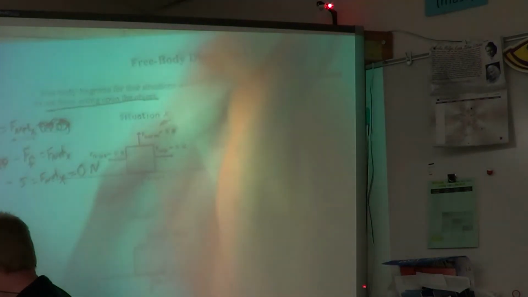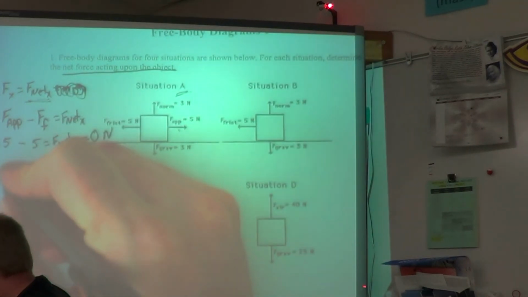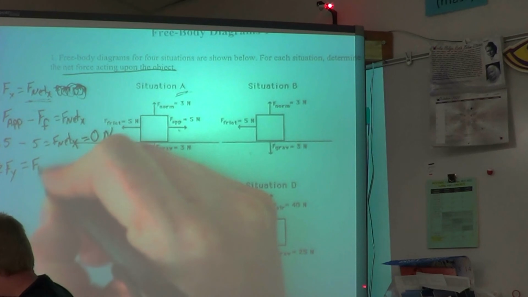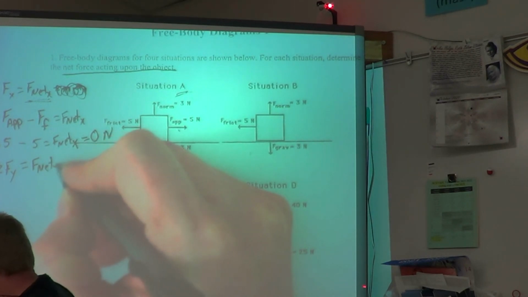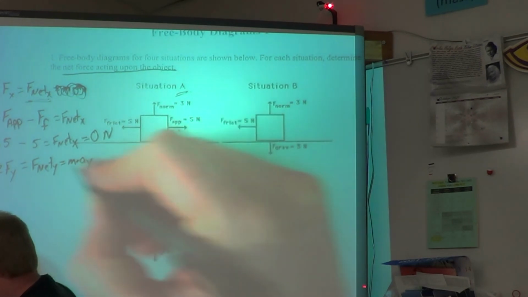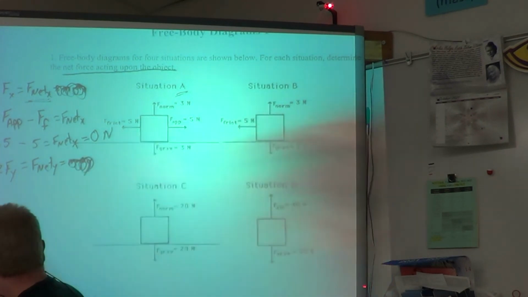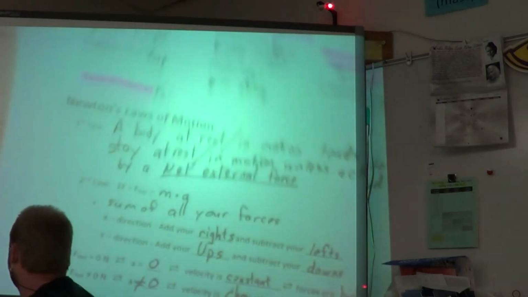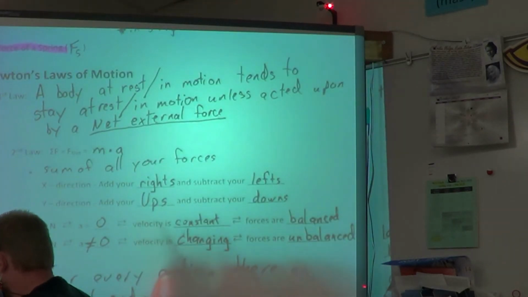Okay, let me quickly go through the y direction. We do the same thing in the y direction. The sum of all my forces in the y direction is equal to my F net in the y direction, which is equal to mass times acceleration in the y direction. I don't know anything about mass or acceleration. According to Newton's second law, I add my ups and I subtract my downs.